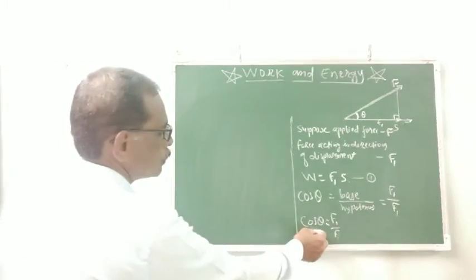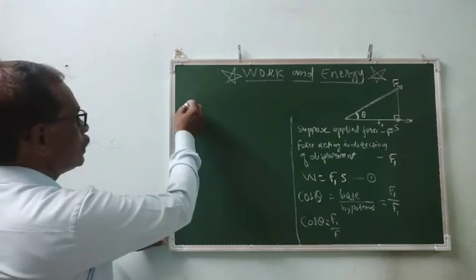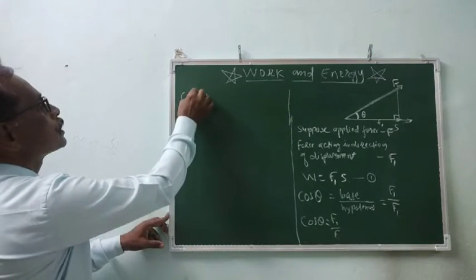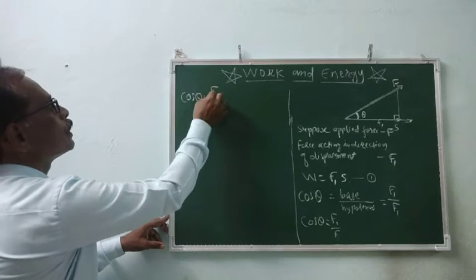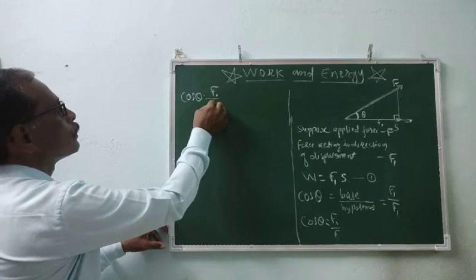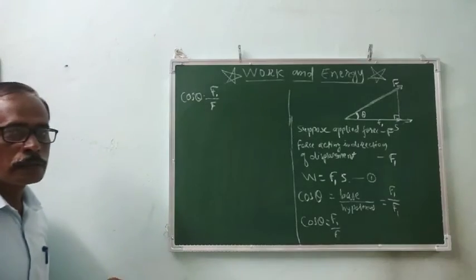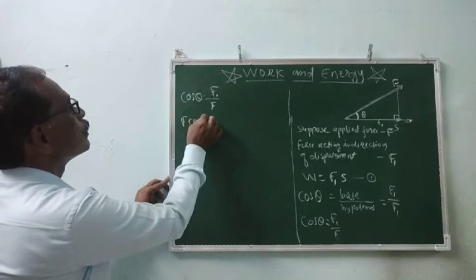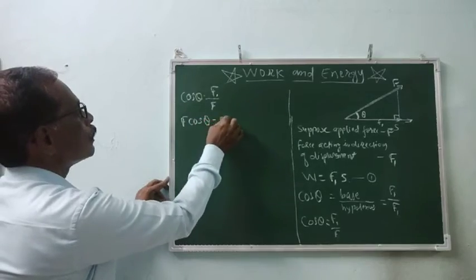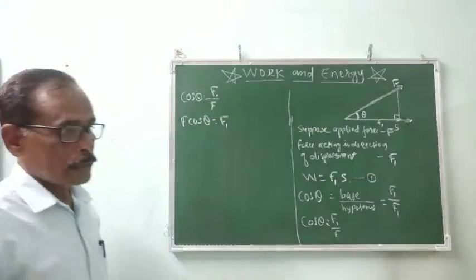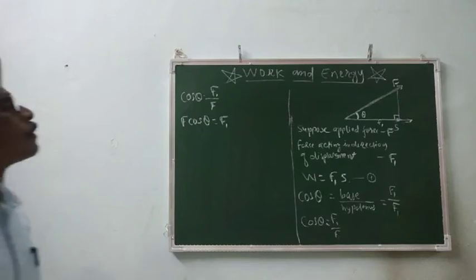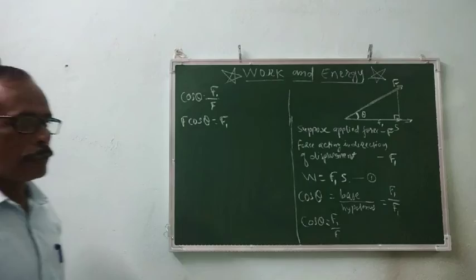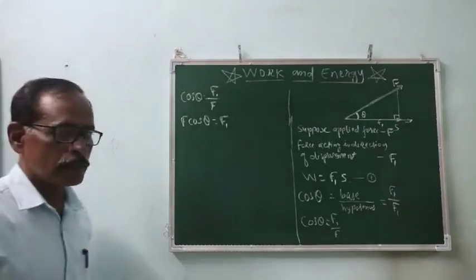I repeat that equation in this diagram here: cos theta equal to F1 divided by F. In the equation on the right side, F is in the division.